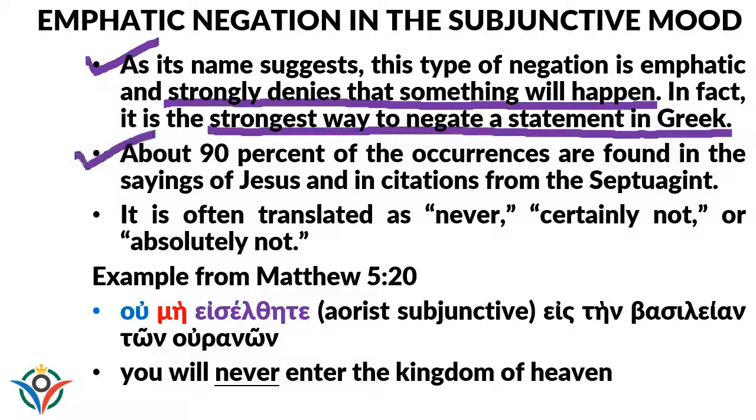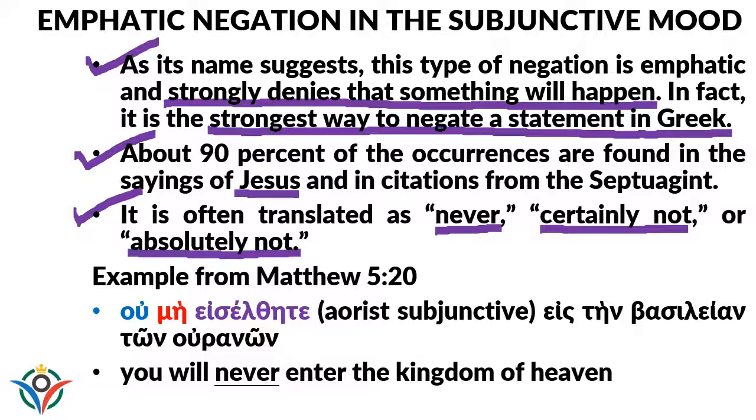So about 90% of the occurrences of emphatic negation are found in the sayings of Jesus and in some citations from the Septuagint, which is the Greek translation of the Old Testament. Now, these emphatic negations are often translated with the following phrases or words: never, certainly not, or absolutely not.